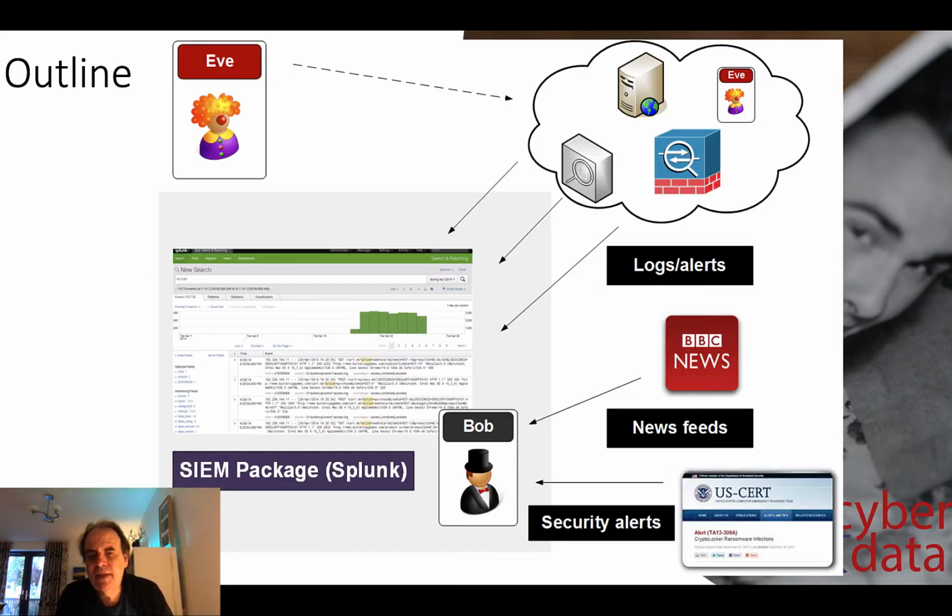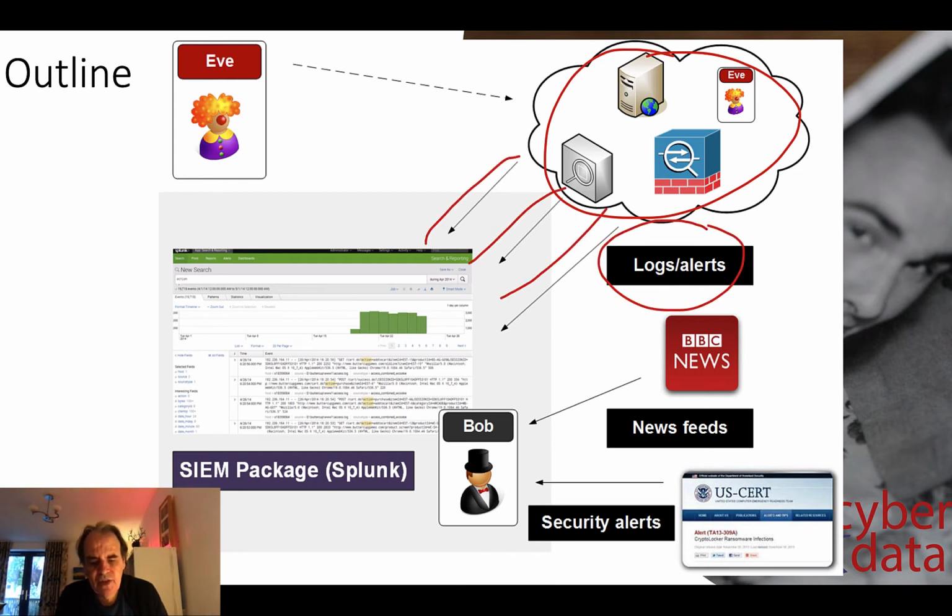Within our security operations center, we might be gathering information around users, network devices, and so on. These logs and alerts will then be integrated into our SIEM package, such as Splunk. And then an analyst can analyze events as they come in and try to correlate them to other events.